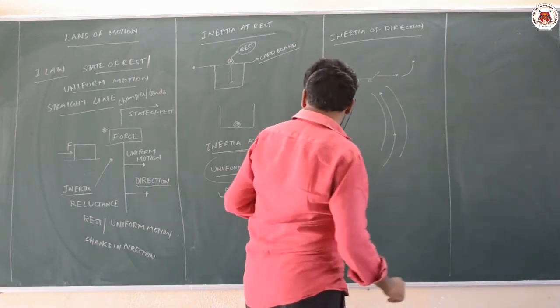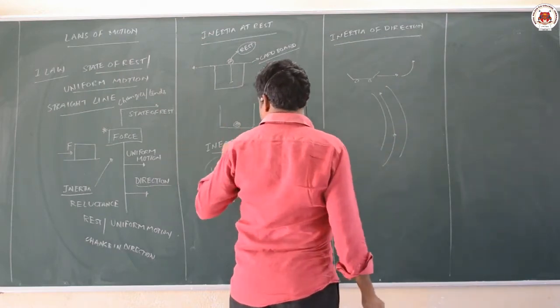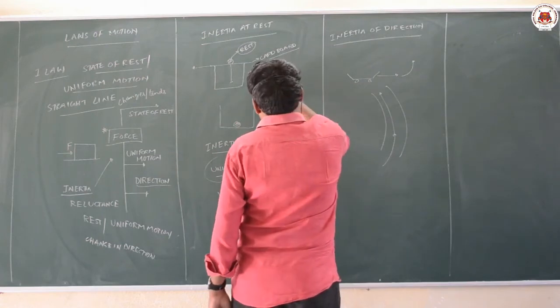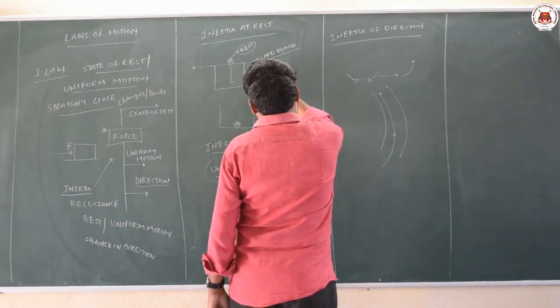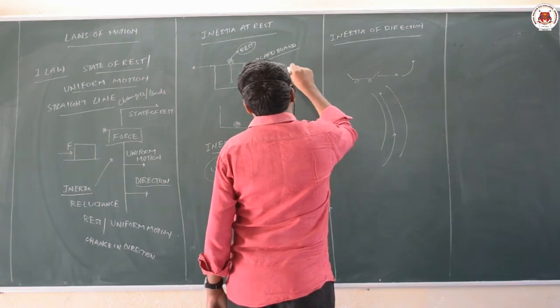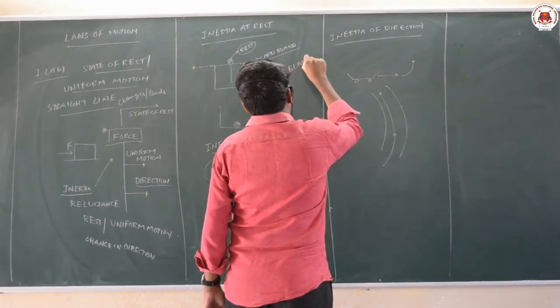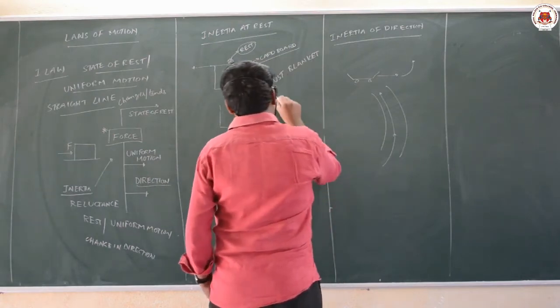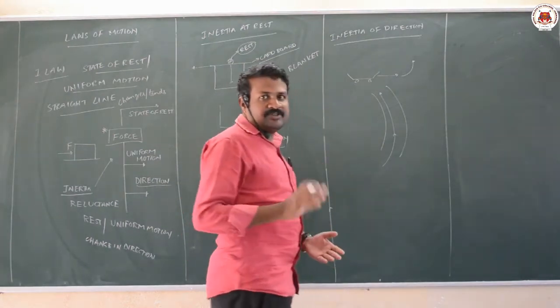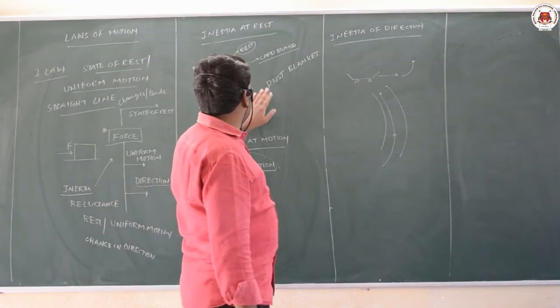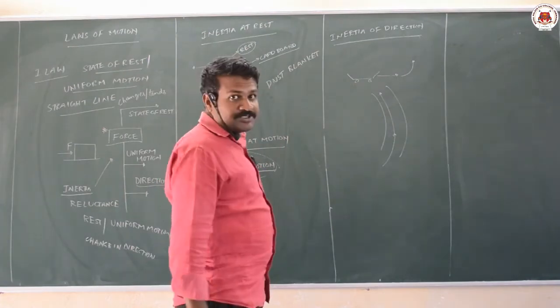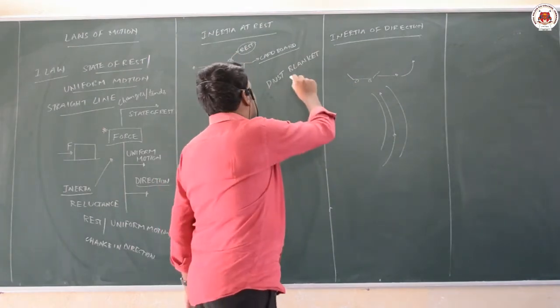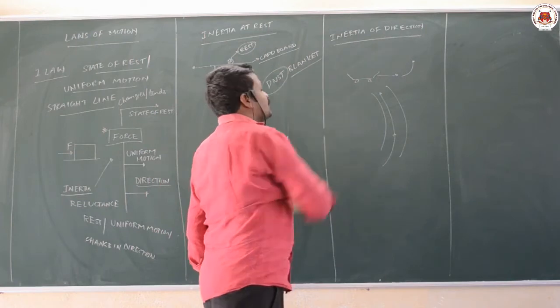There are many examples regarding inertia at rest. We can remove dirt or dust from the blanket by beating it with stick. You take a blanket, beat it with stick, dust can be removed. That is because of inertia at rest. Blanket is ready to move, but dust wants to retain its position.